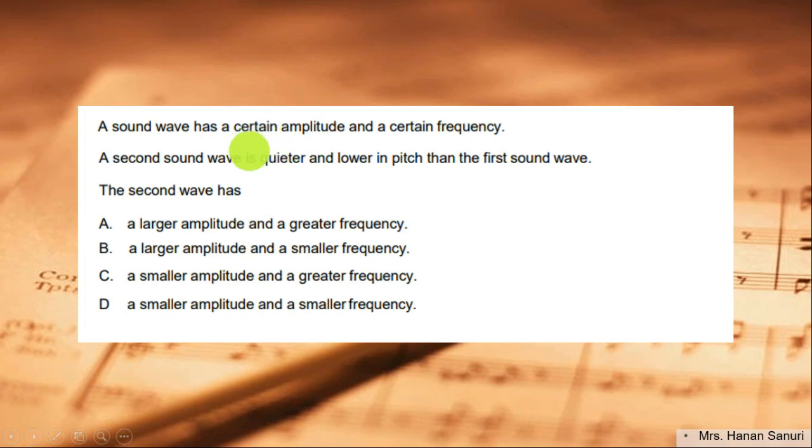So quieter means what? Low amplitude, small amplitude. Lower in pitch. Pitch depends on what? Frequency. So low pitch means low frequency. The answer is D. Smaller amplitude because it's a quieter sound, and smaller frequency because it's lower in pitch. Okay?